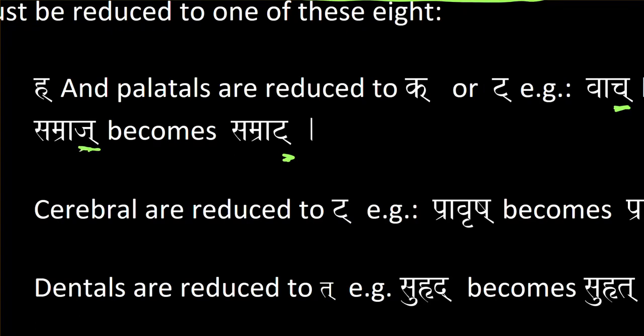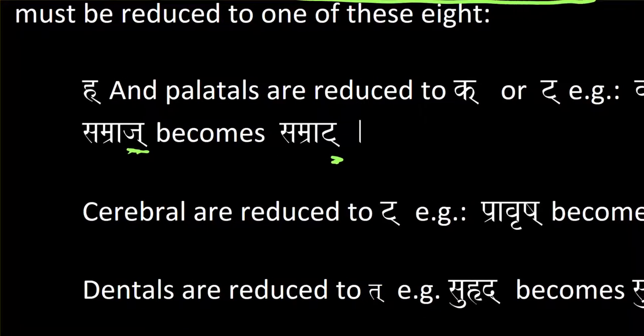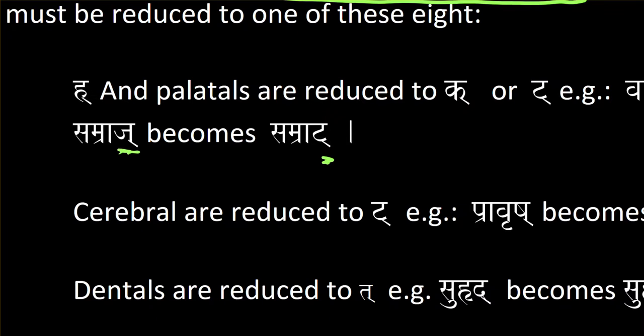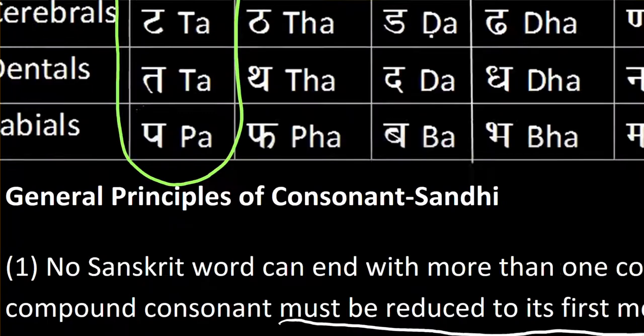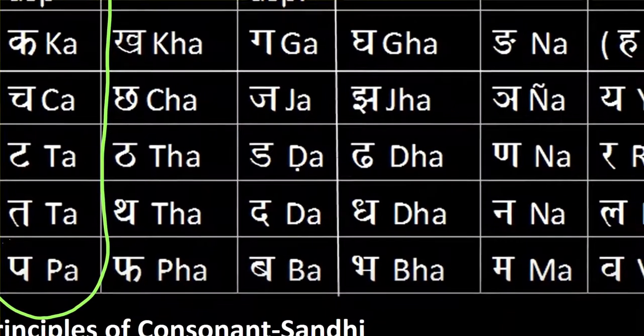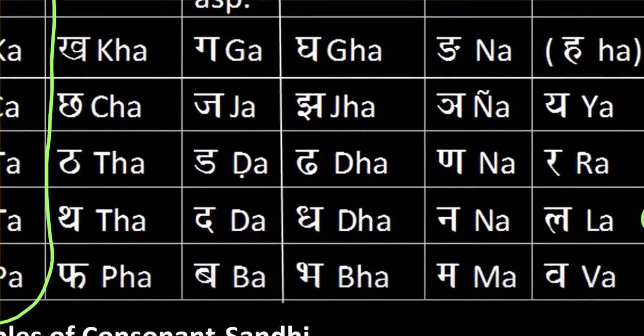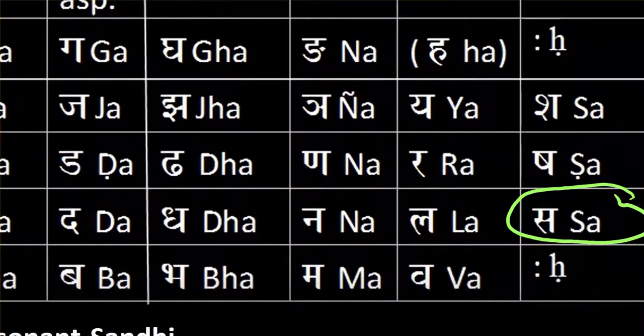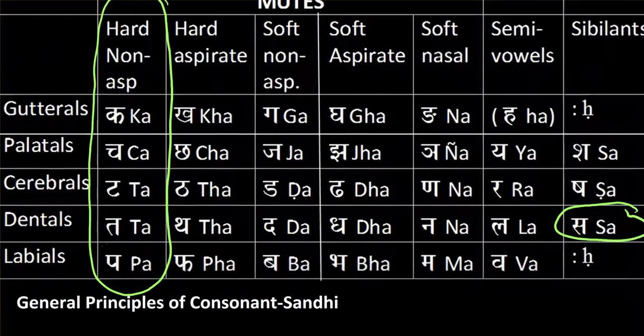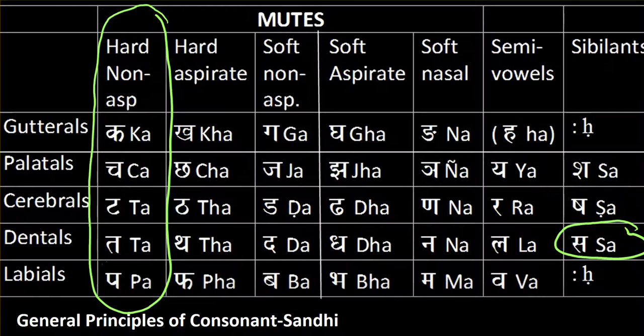Smaraj is also a palatal. So ha and palatals are reduced to ka or ta. The palatals are cha, chha, ja, jha, nya, ya, and sha. These would be reduced again to either ka or ta. Okay?